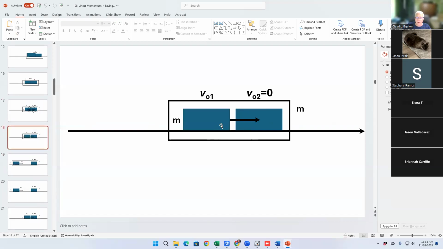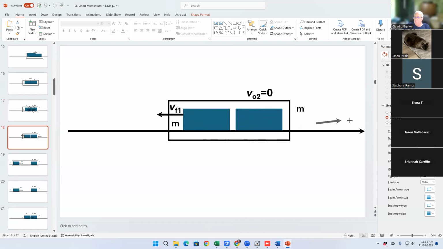Soon after the explosion, that's going to be V final of 1, and then the other one, V final of 2.